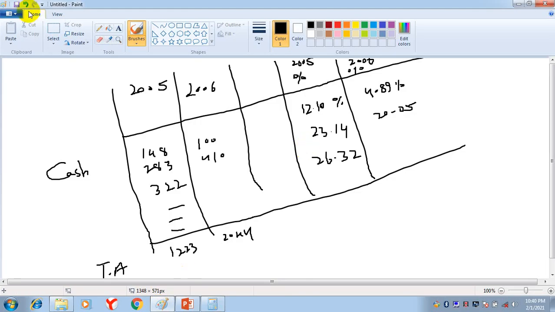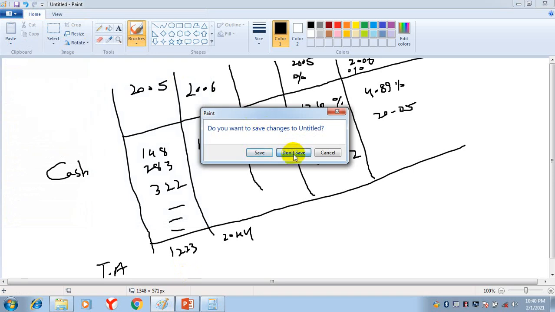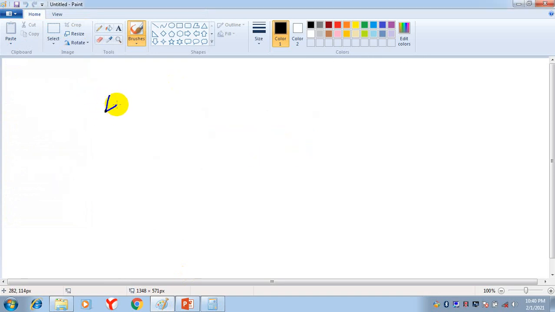You people know about account receivable: selling goods on credit to customers. So previously, suppose our account receivable was 400, now it is 350. This is because we are collecting our cash quickly. Collection becomes fast.